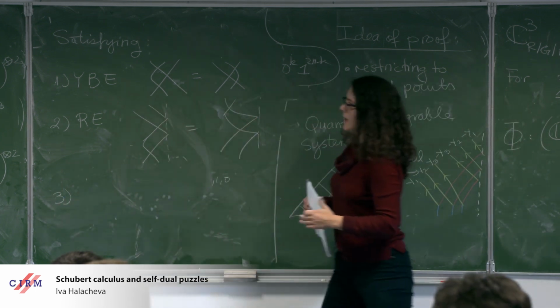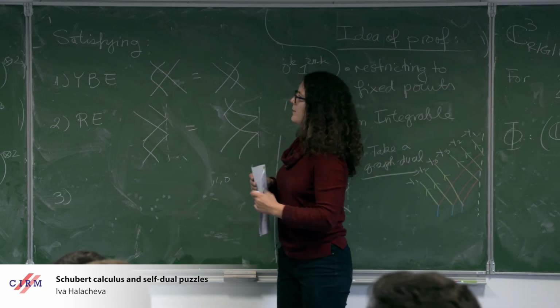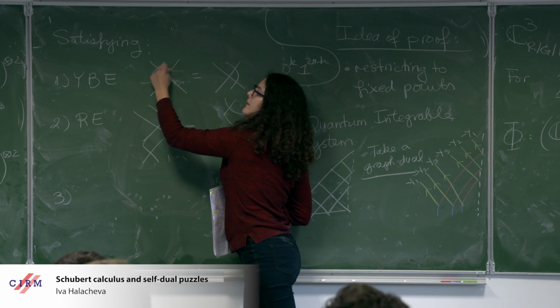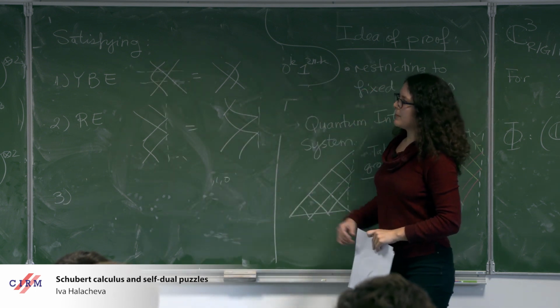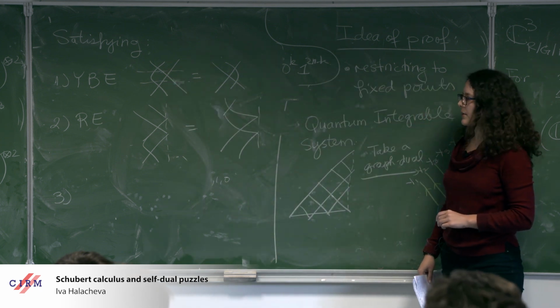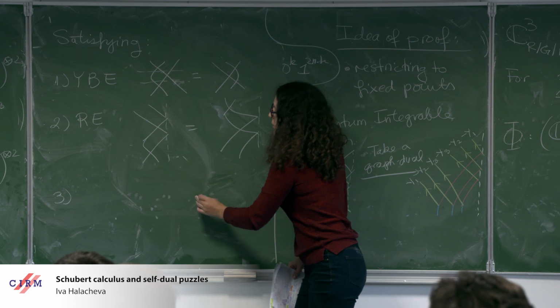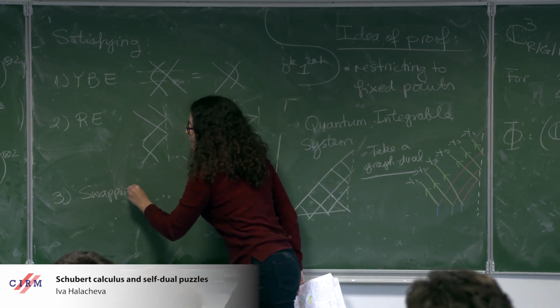Sorry, I should have mentioned that when we're gluing strands locally, this just means composing the maps. So this is just a composition of R matrices, the standard tensor calculus. We also have swapping trivalent vertices.